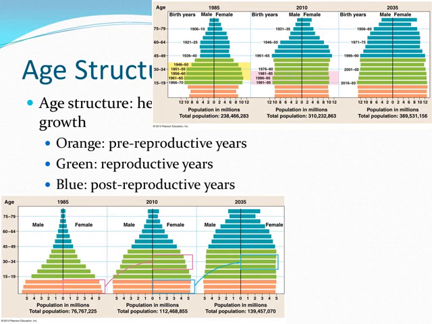Versus here, this is an example of the United States now. How does it differ, or in what ways is it the same? Fewer children, fewer age groups in their reproductive years.